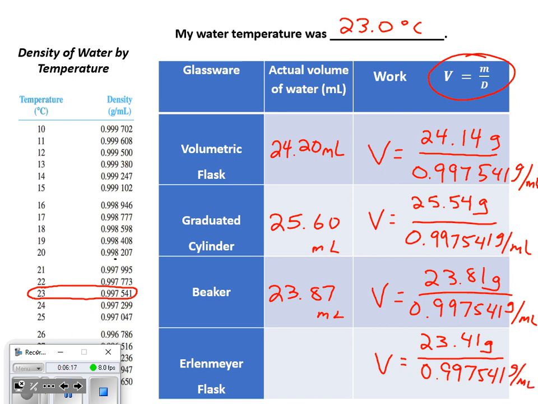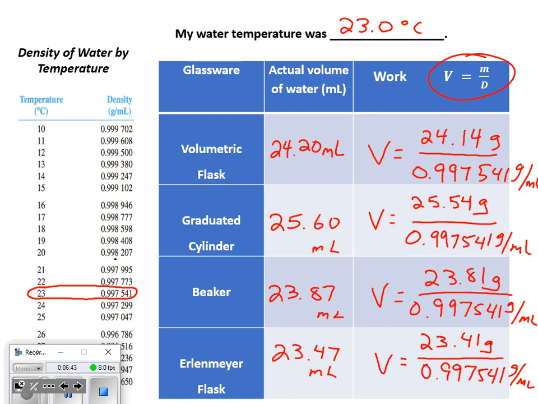So my volume for the Erlenmeyer is going to be 23.47 milliliters. So now I've done my experimentals. I've got all of my experimental data here.